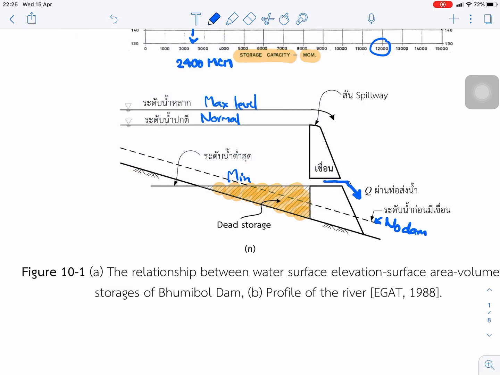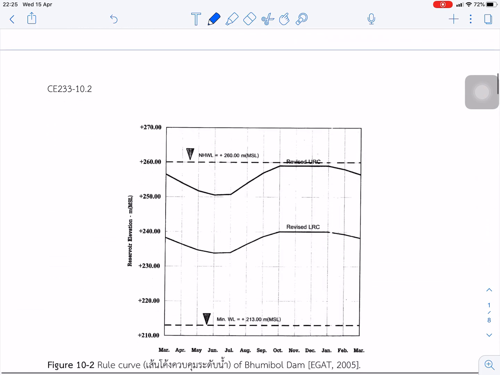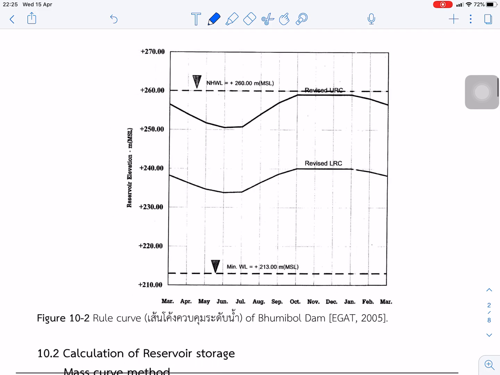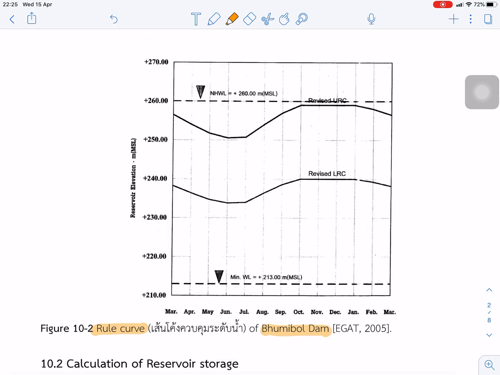Okay, passing through the dam. In this curve, to operate the dam and release the water from the dam, the operator uses this curve, which we call the rule curve of Pumipon Dam. So we just control the water level between the reservoir elevation and the month.